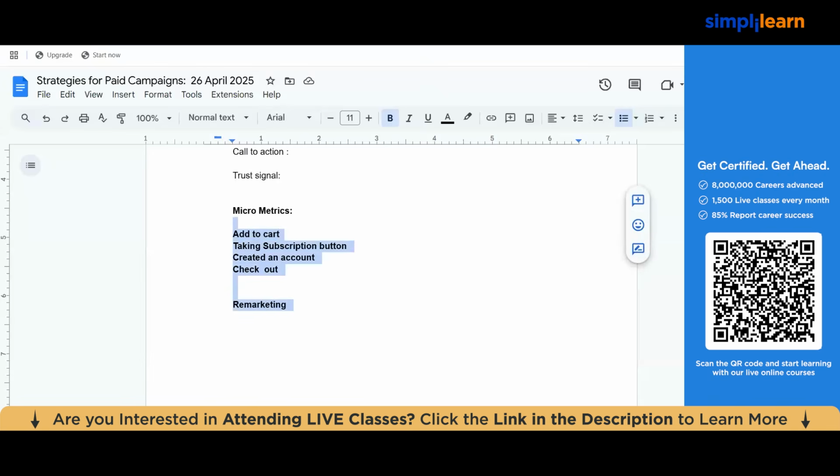That's why, when you're running a campaign, a deep understanding and analysis of all these metrics is very important, because that opens the door to another very important section called remarketing.